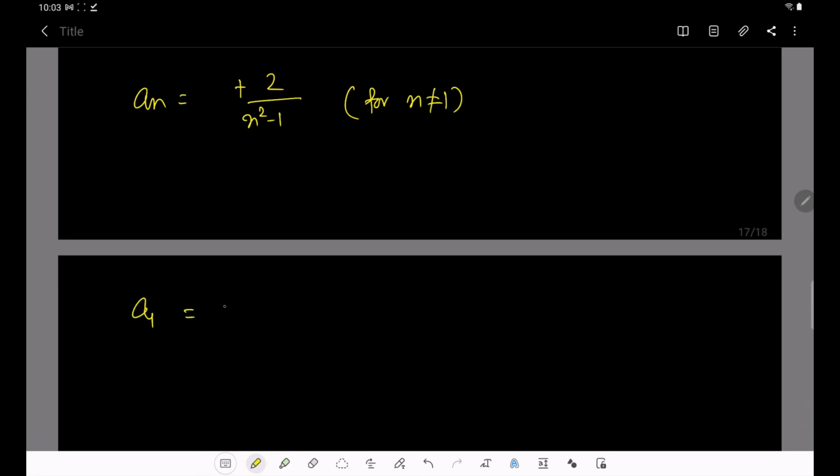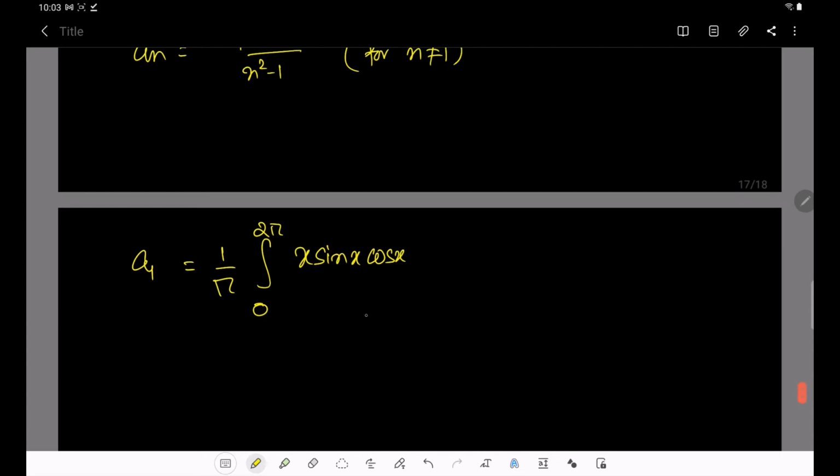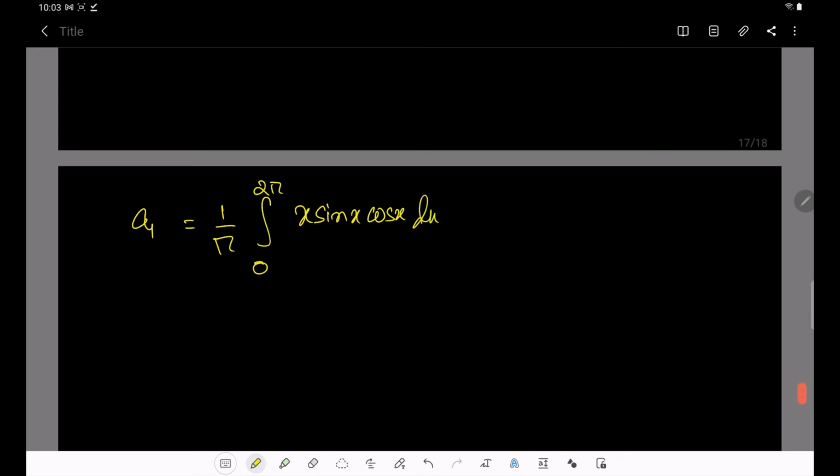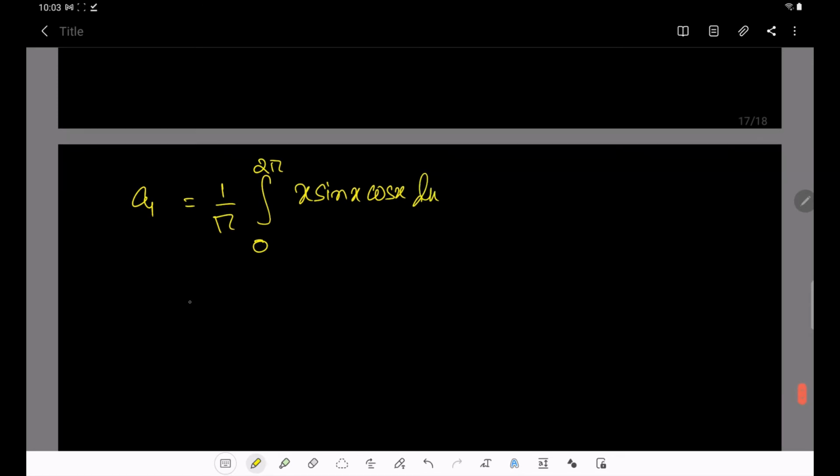a_1 separately. For that we can write this, 0 to 2 pi x sin x cos x dx, and we have to perform the integration here. If we divide it by 2 pi, then we can write x sin 2x dx.